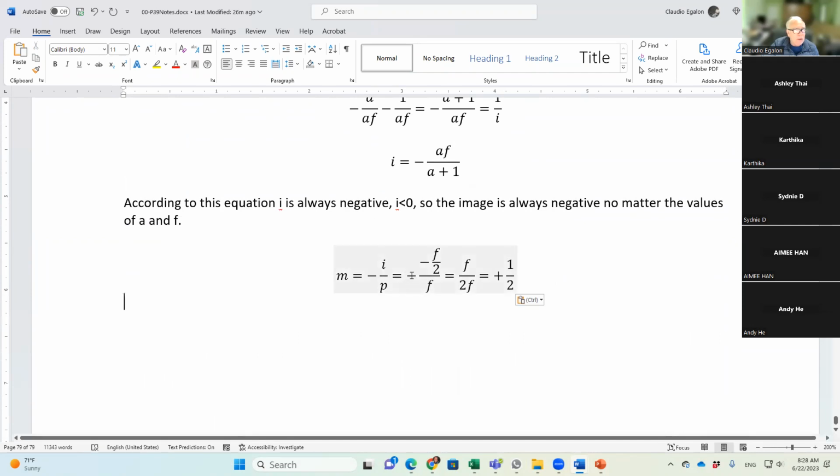Now let's do this one here. P is AF, where A is a positive number. It can be a positive number anywhere between 0 and infinity.